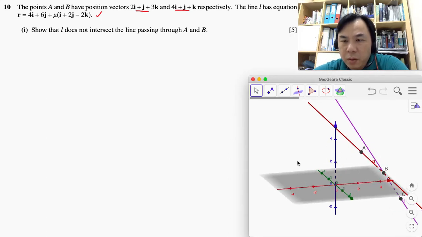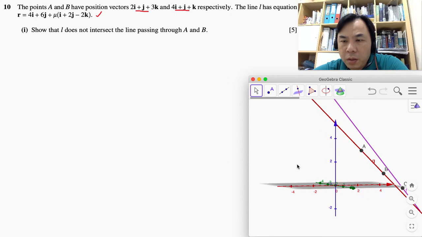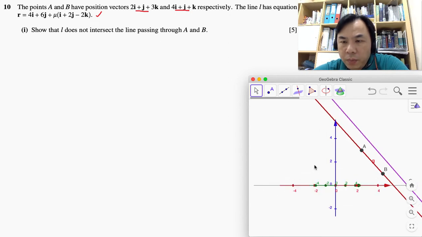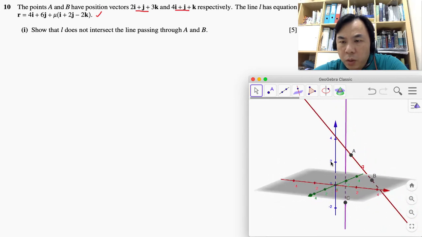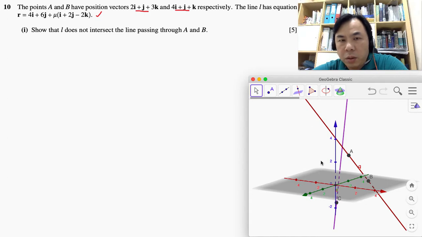Here I'm going to rotate a bit. If you rotate further, from this point onward it may look like the purple line and the line that passes through AB are actually intersecting.